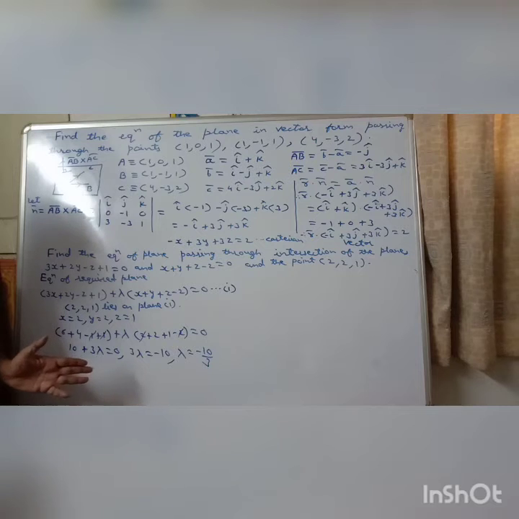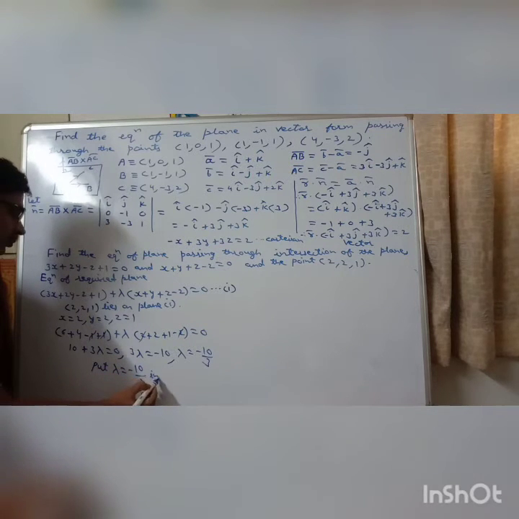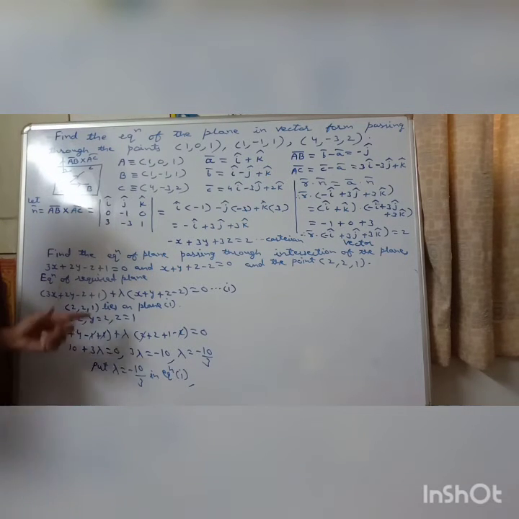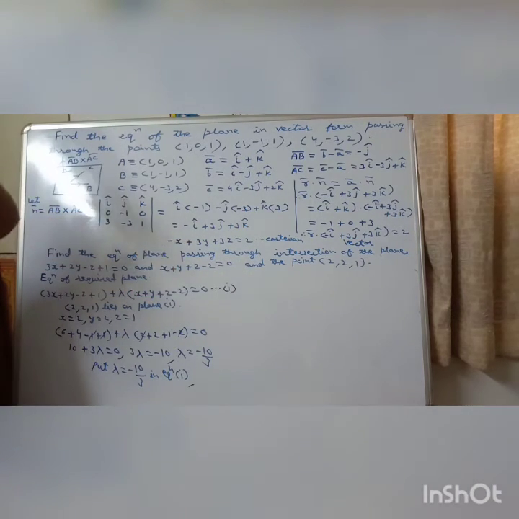Now after getting the value of lambda, put that value in equation 1. As we have got only one value of lambda, we shall get a unique plane passing through the intersection of two given planes and passing through the given point. Put this value here.